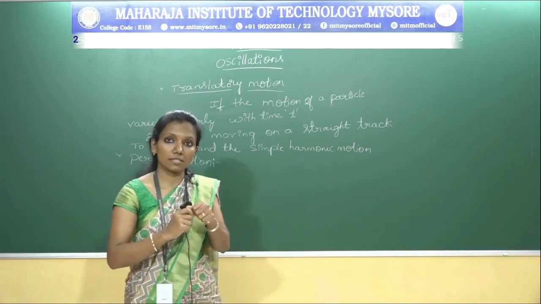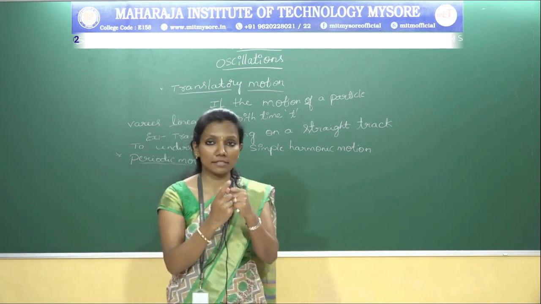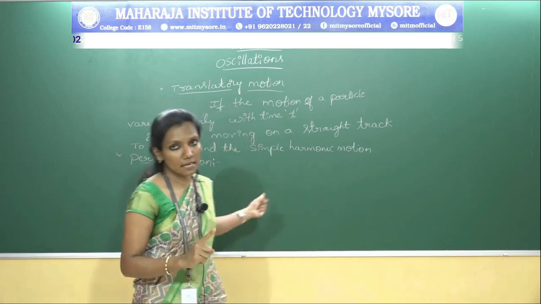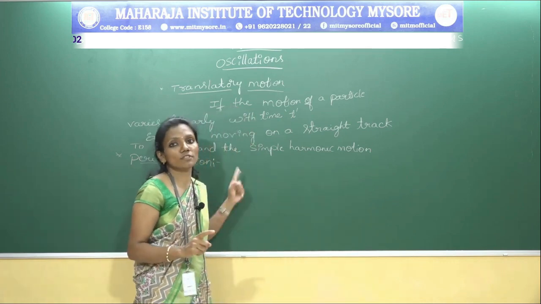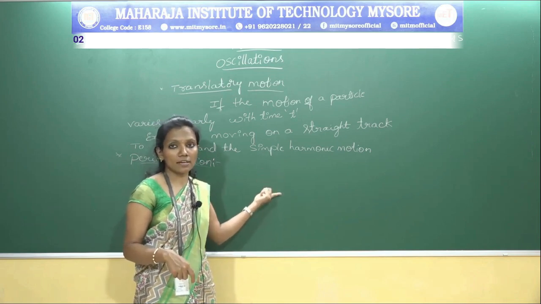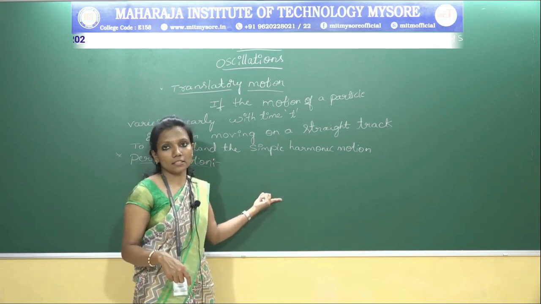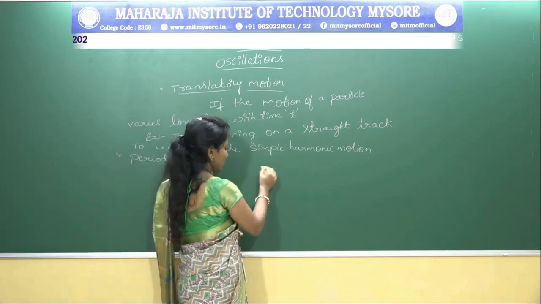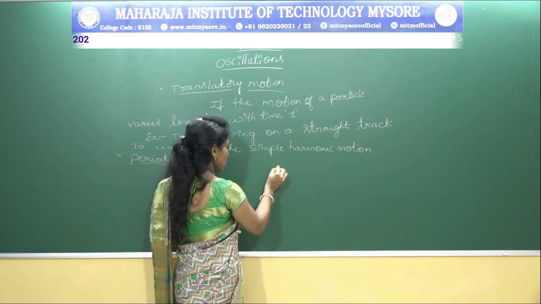So after some time interval that hand comes to the same point. That type of motion is called periodic motion. A clock is the best example.